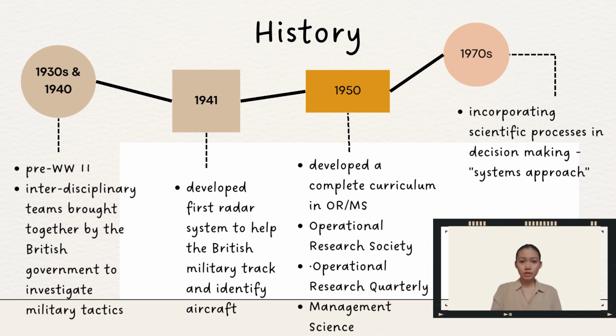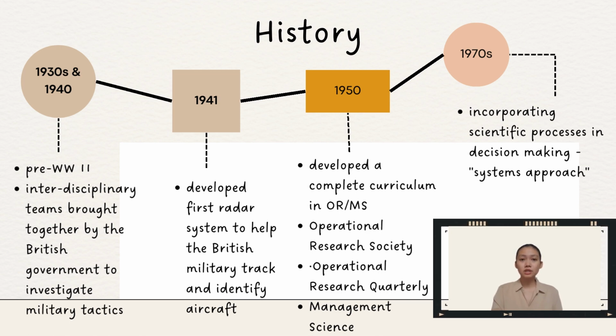Around the 1940s, the OR group was used to develop the first radar system to help the British military track and identify aircraft. In 1950, universities such as Columbia University and Case Western Reserve University developed a complete curriculum in ORMS.